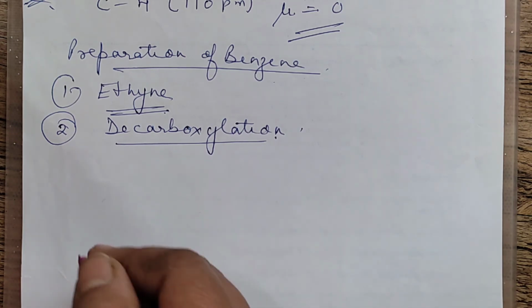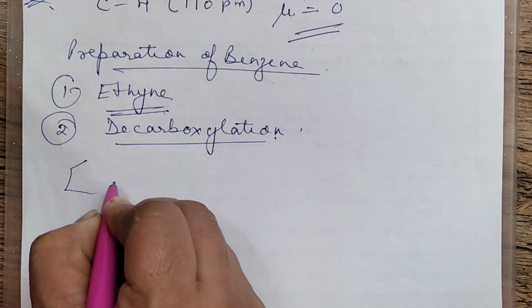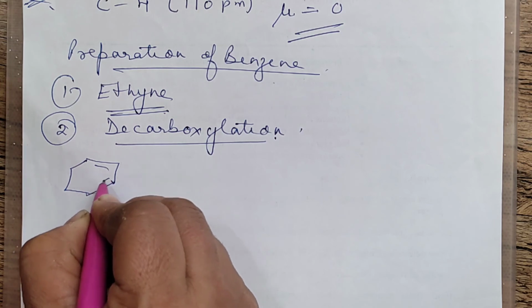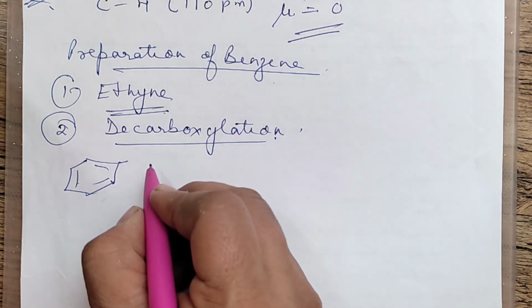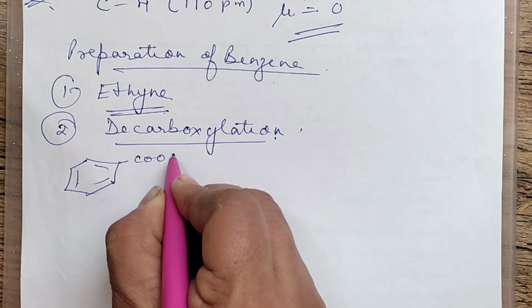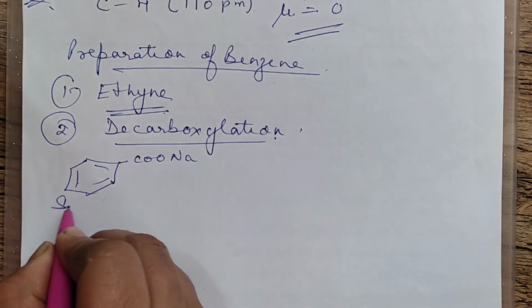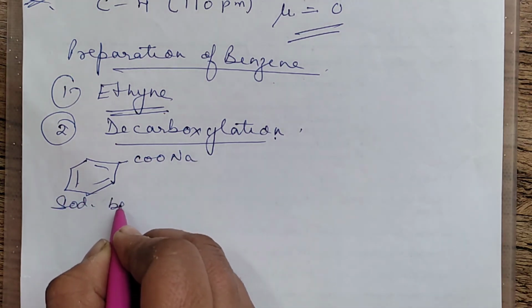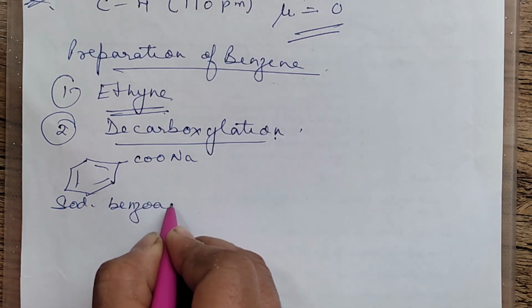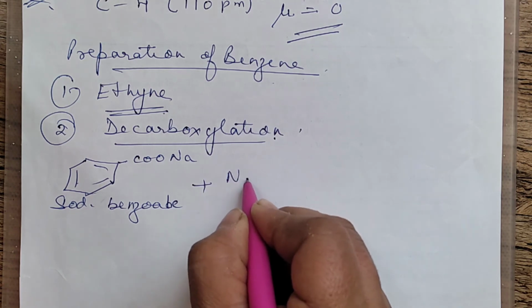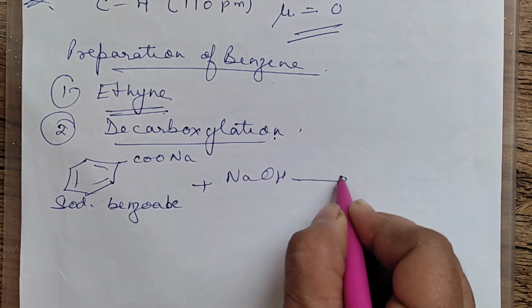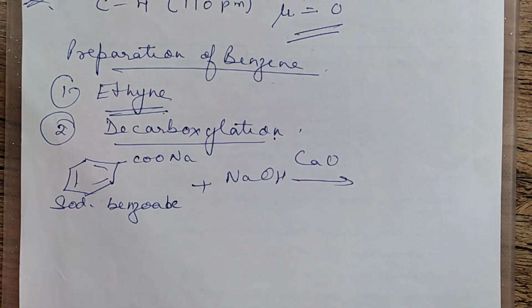Decarboxylation can be done of sodium salts of the acid. So in this case, what you take is sodium benzoate, because we are aiming to prepare benzene. So you'll have to take the sodium salt of benzoic acid. So this is C6H5COONa. This is sodium benzoate. Sodium benzoate when you carry out decarboxylation, and decarboxylation is done in the presence of soda lime, NaOH and CaO.